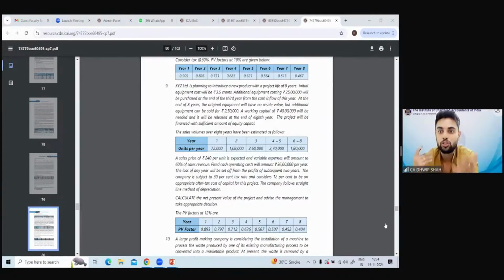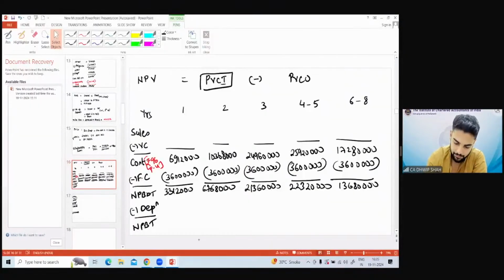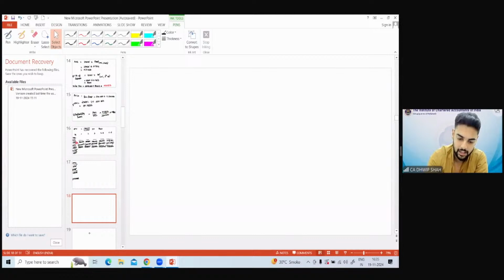And we have also purchased an additional machine at the end of the third year. So can I say for the additional equipment of 25 lakh, we need to provide depreciation for 5 years from year 3 to 8. So there would be two amounts of depreciation from year 3 to 8. Please understand this, because there are two machines and both machines will generate depreciation expense.